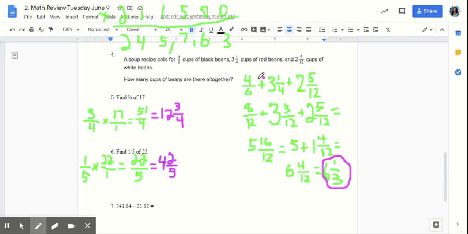We have 4/6 plus 3 1/4 plus 2 5/12. But we know that they don't have common denominators, so we have to find a common denominator here. We all know that these numbers are all factors of 12. So I chose 12 to be my common denominator.